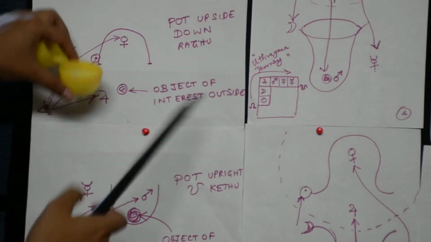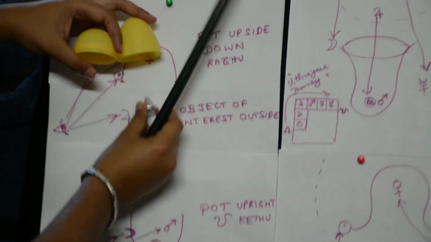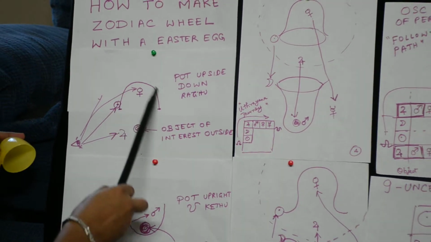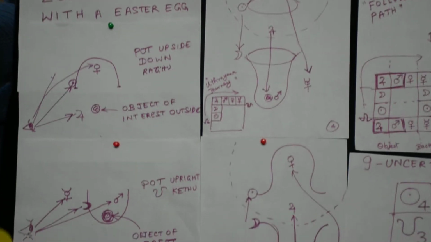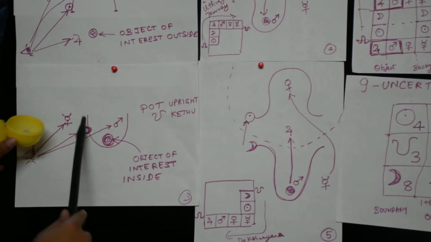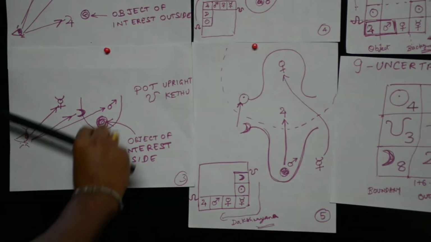In the upside down piece you can see that the object is here, and this shape tells that the particular part is upside down. And in the upright part, you can see the part is upright, and the object of interest is marked here.